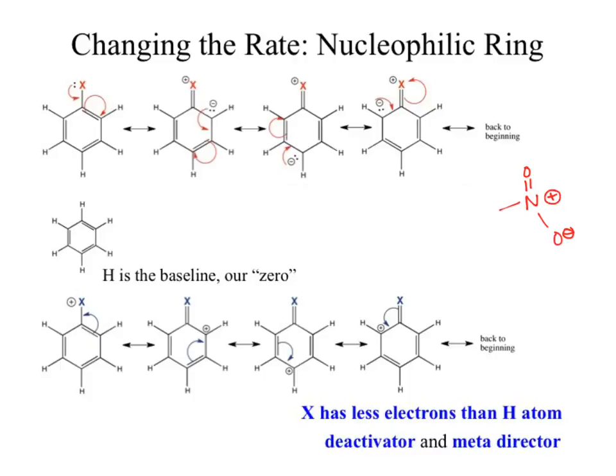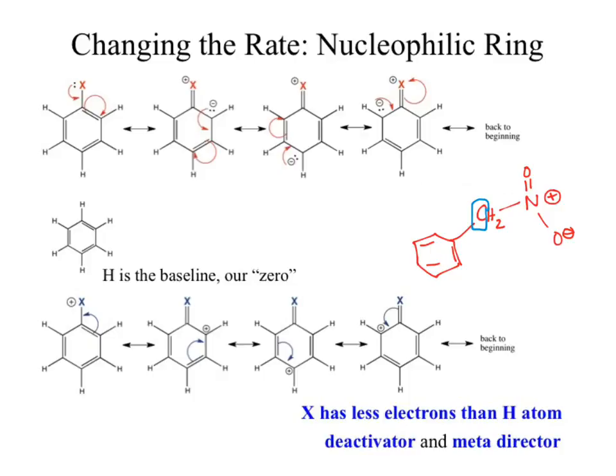Activator, deactivator. Okay. Atom X is what? That carbon, which technically has more electrons than hydrogen.